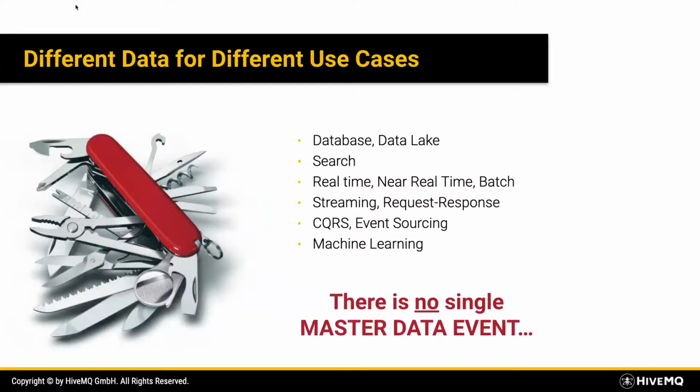CQRS or event sourcing are other types of data and structuring for which you should find suitable technologies. And machine learning, not sure if this came up, but which is of course a highly relevant buzzword for many years now, within a machine learning platform you typically have different data structures and different technologies to use.